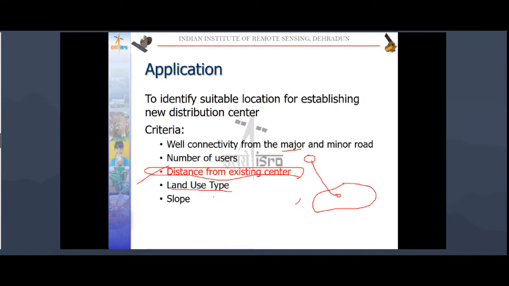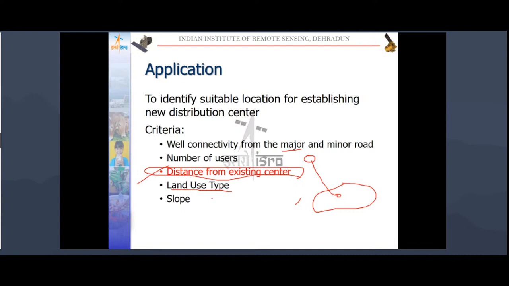Anyway, forest and water body, they are land covers. And another criteria can be land use type should not be highly dense area. It should be away from highly dense, residential area. It should not be in residential area. That kind of restriction can also be put.